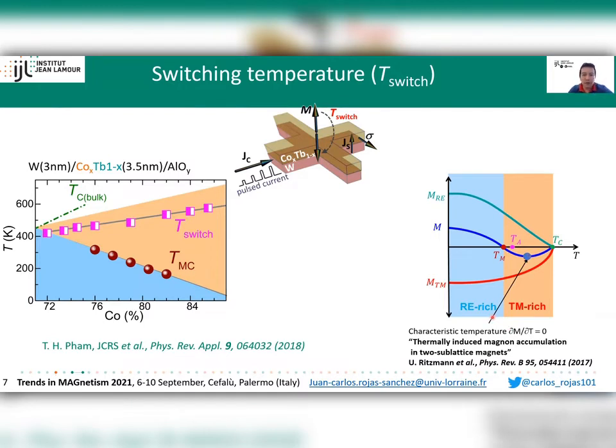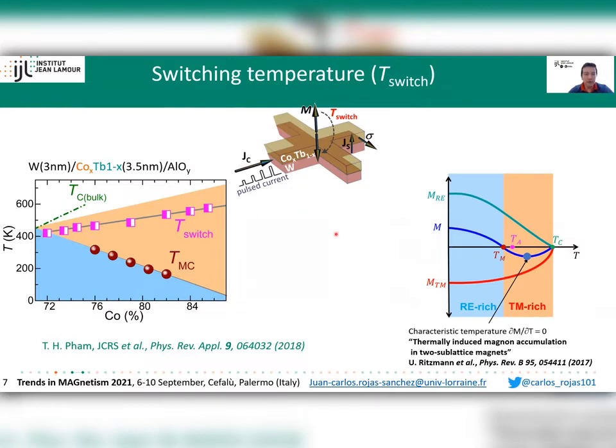This is from the theoretical point of view, but I'm not totally sure if this is the same as, or related to, the switching temperature that we reported experimentally. We need to do the temperature dependence of magnetization in our same samples, but it's not as easy as I believed at the beginning, because the magnetic signal of ferrimagnets is weak, and for a few nanometers even much weaker. So there is a challenge that we were facing in order to relate these two characteristic temperatures.